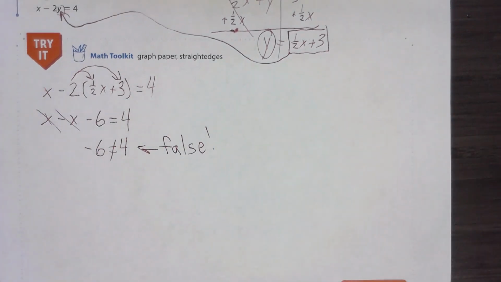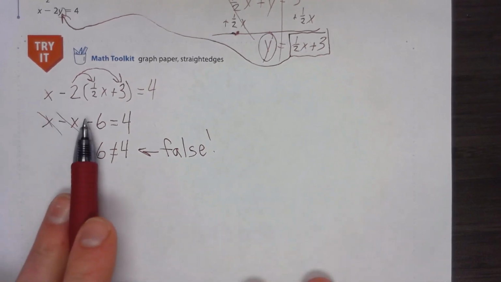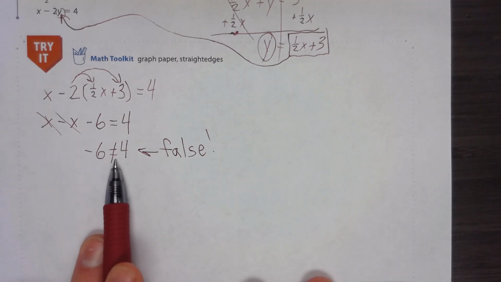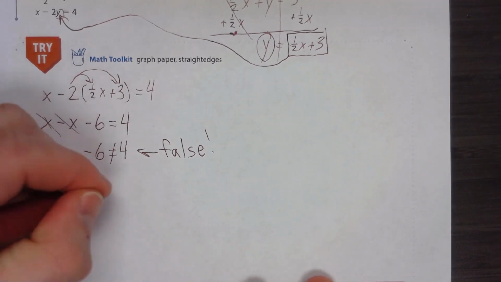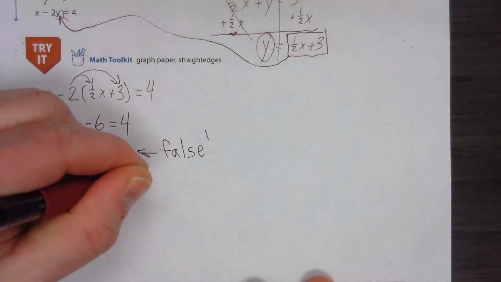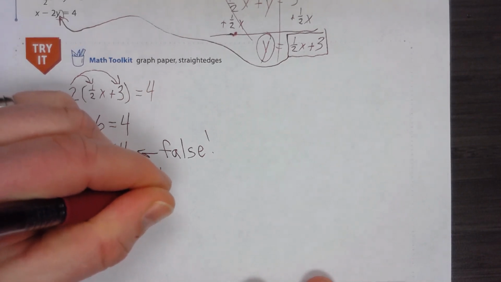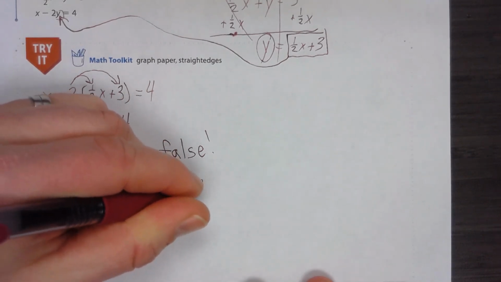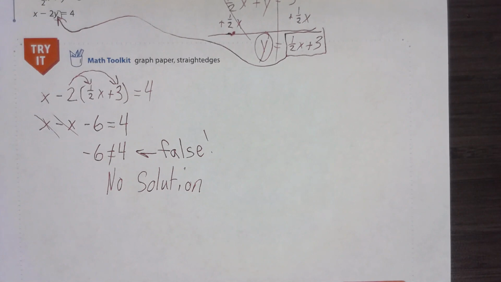And you might be saying now, Mr. Gibbs, I know what the answer is because we already did this with regular equations. Whenever our variables go away and we're left with just a false statement, it's no solution. And I would say right on. That is exactly what's going to happen.